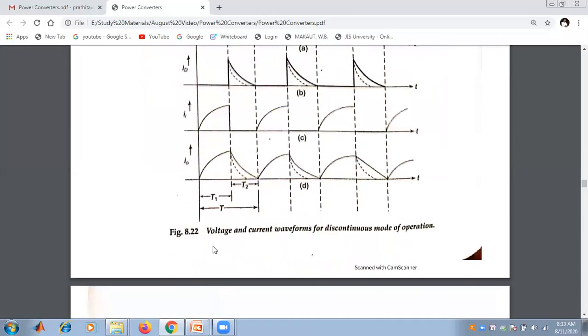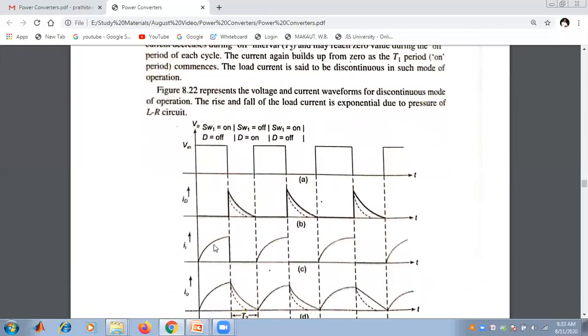This is the voltage and current waveform of the discontinuous mode of operation, where the output voltage remains the same. It is clear that the dotted line indicates the discontinuity of the current for the low inductance value, but the bold line indicates the continuity of the current. The diode current goes to the zero value.